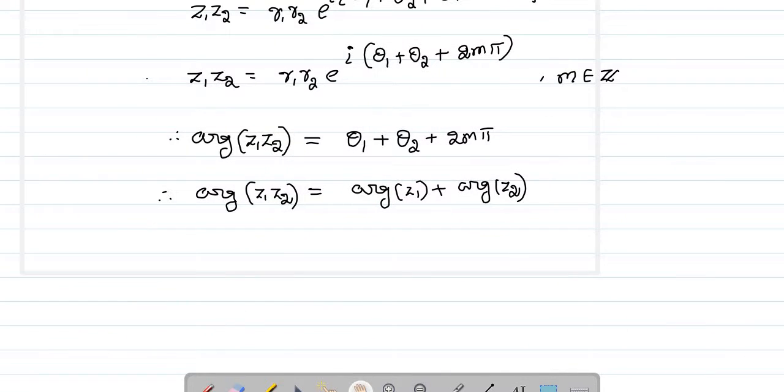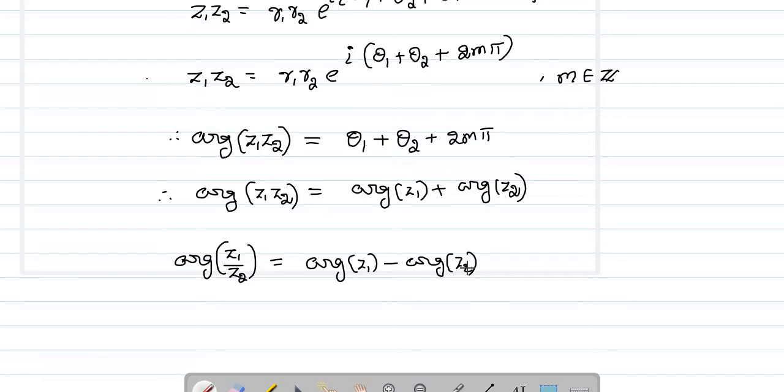Similarly, you can derive one more result: the argument of z1 by z2 is the argument of z1 minus the argument of z2. Since the argument is in the power, when you take the product you get the sum, and when you take the division you get the difference.